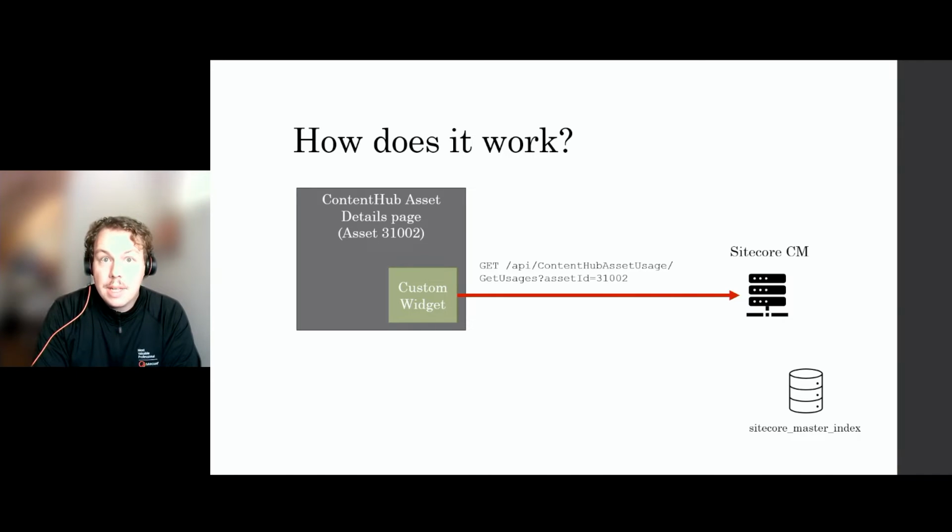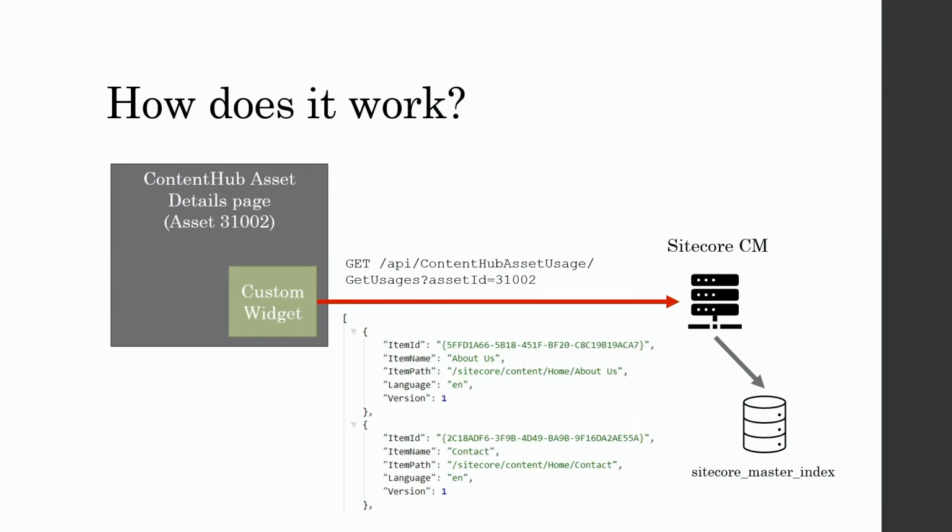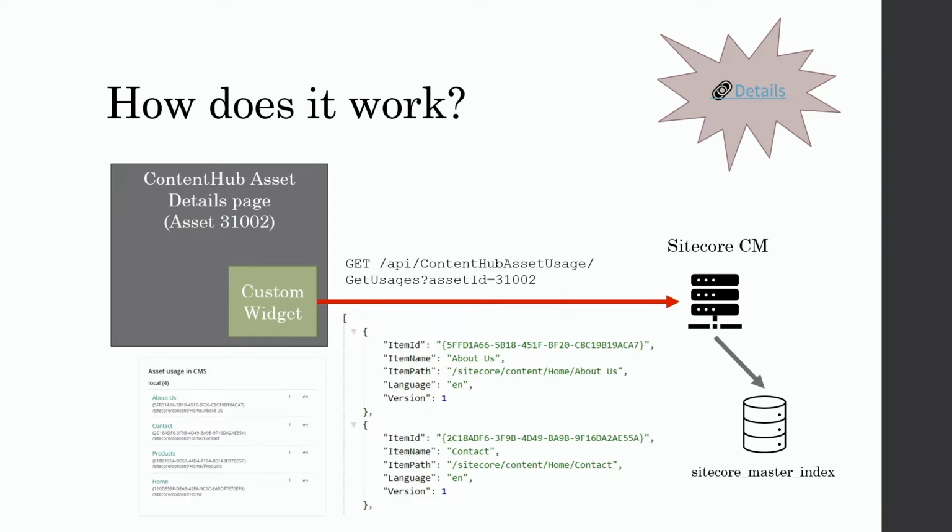And the Sitecore CM then asks its index that we have configured and returns some data on these references. We can then nicely create an output in the user interface and have some nice links created back to these actual items.